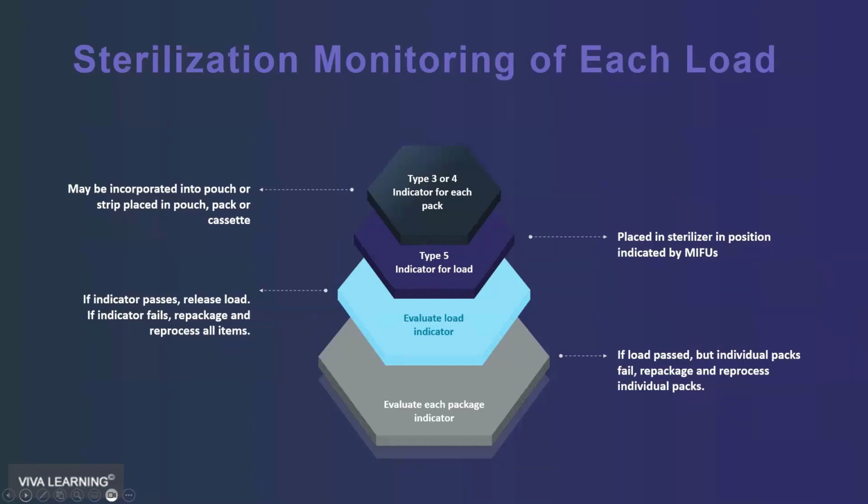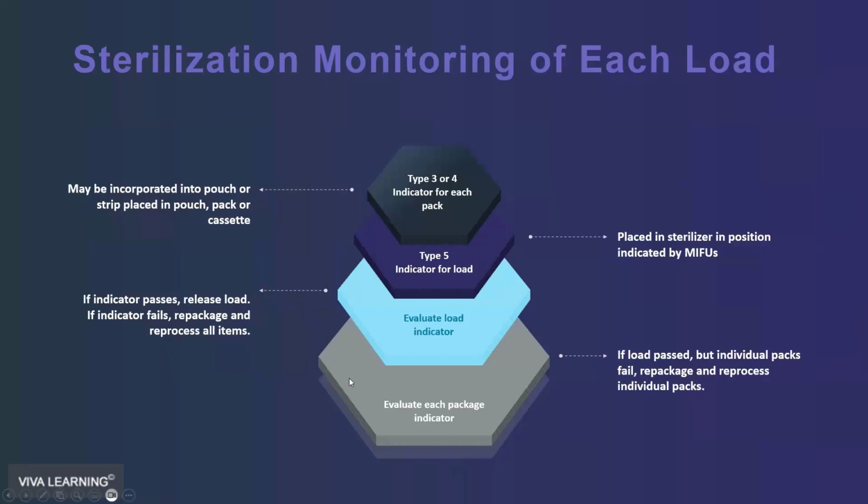Then we're going to put a type 5 integrating indicator, I can't even say it right half the time, in the recommended position by the manufacturer's instruction for use that monitors the load. The first layer is monitoring the pouch. Second layer is monitoring the load.